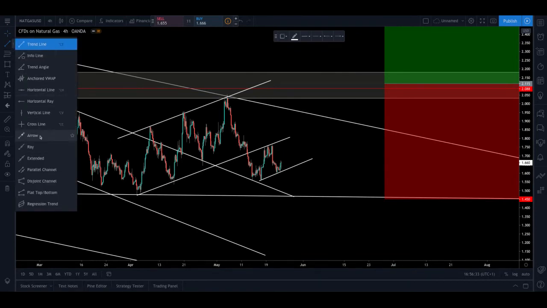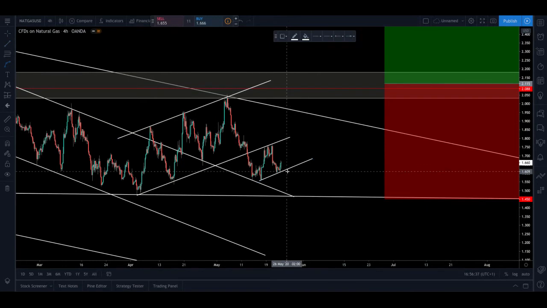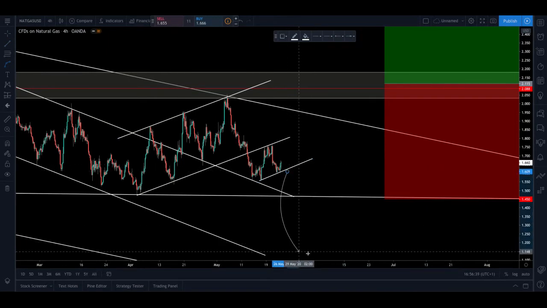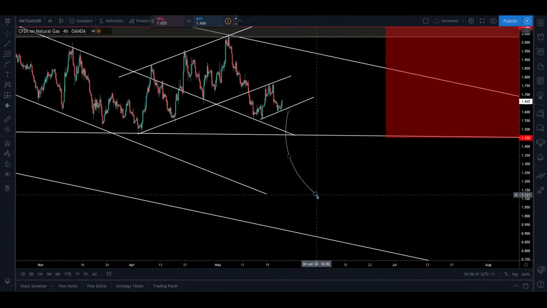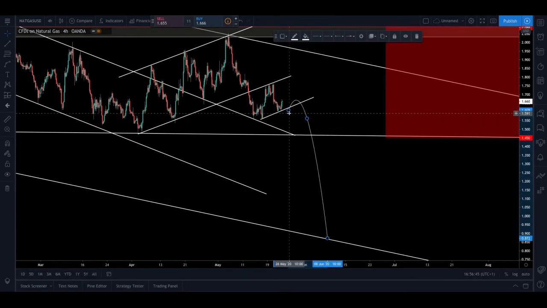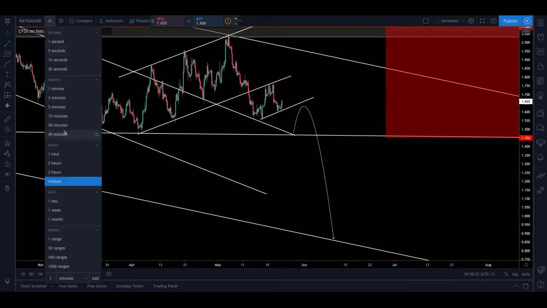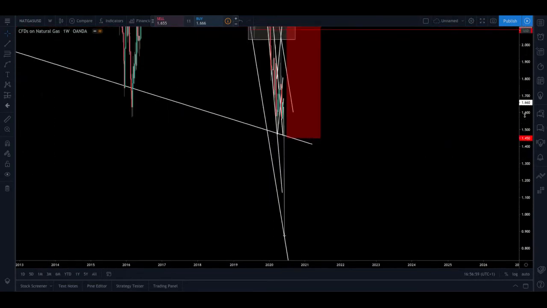I still think, sorry, let me get this out again. Still think that a break of this is possible, and we could see a move back down to this weekly level. We'll go back to the weekly, save this first.